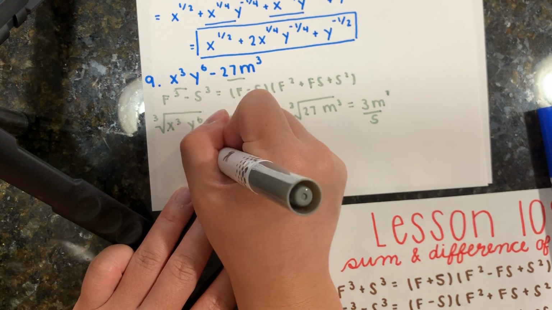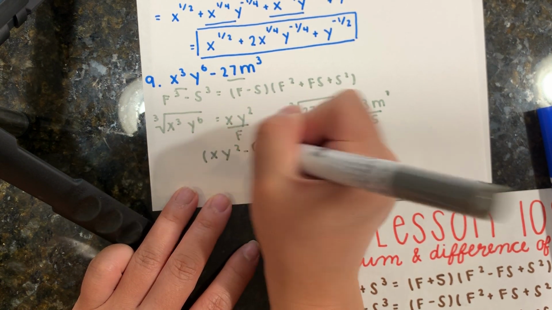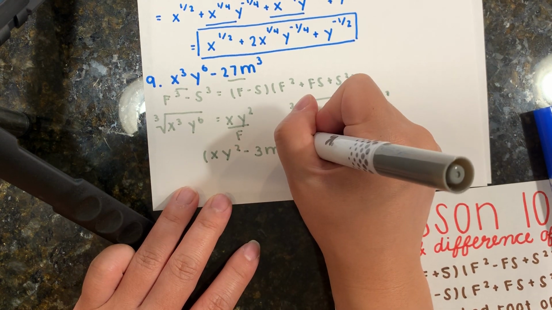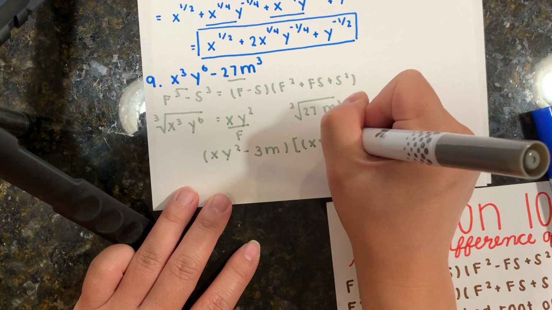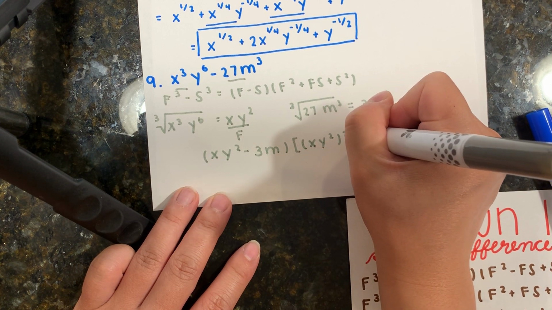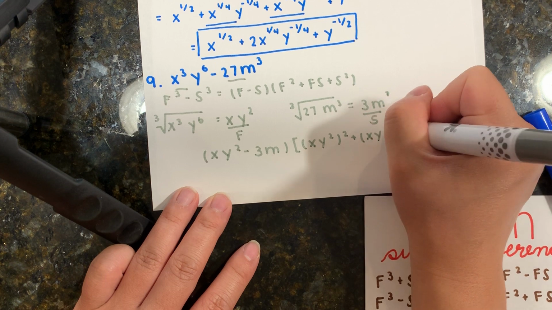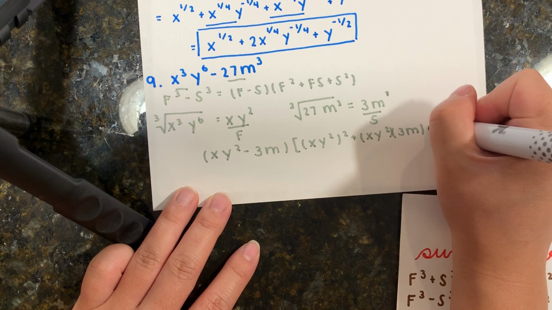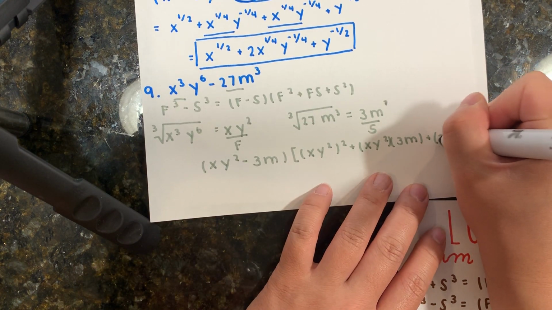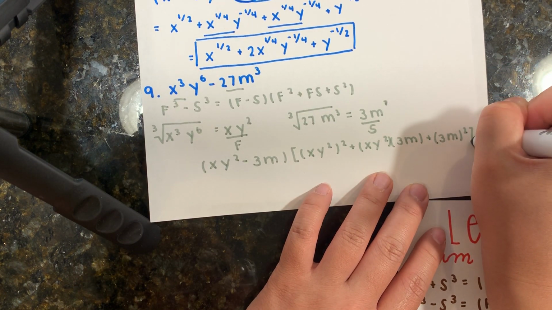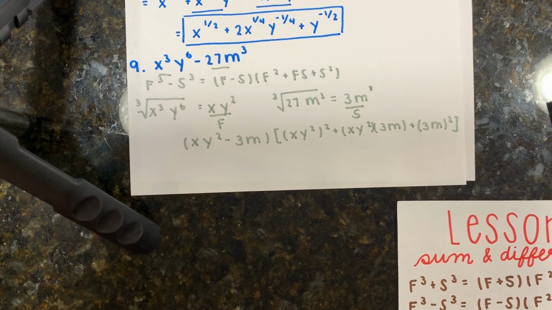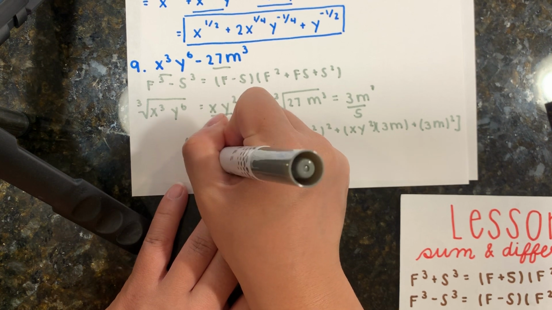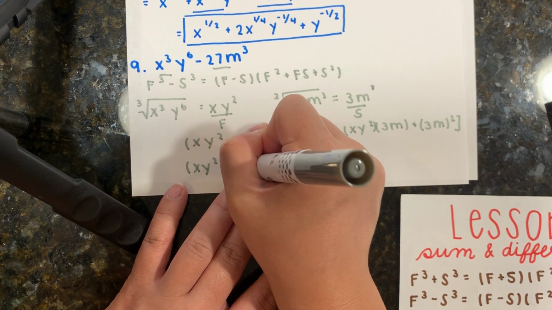So I have xy squared minus 3m times (xy squared) squared plus xy squared times 3m, and then plus (3m) squared. And all you need to do now is just simplify that. So the left parenthesis stays the same, xy squared minus 3m.